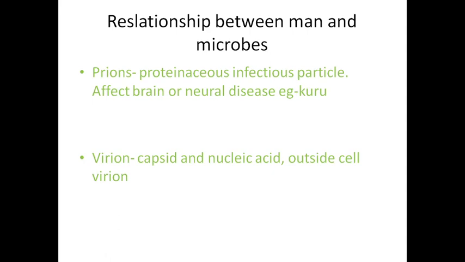Next one is virions. Like a virus, it also has a capsid and nucleic acid. It is present outside of the cell, so it is called a virion. It has the capacity to cause diseases in living tissues.